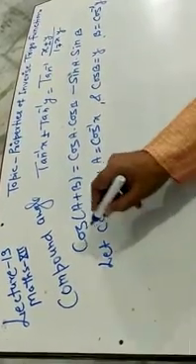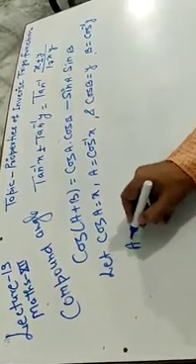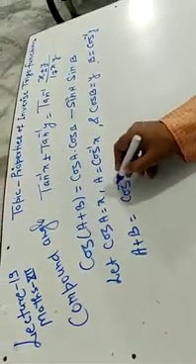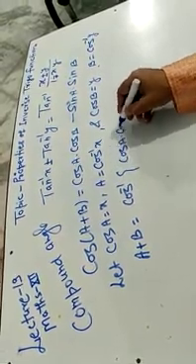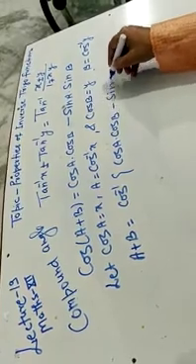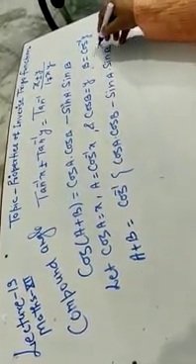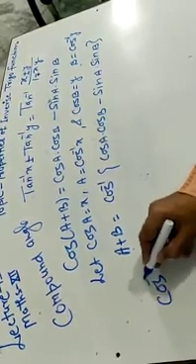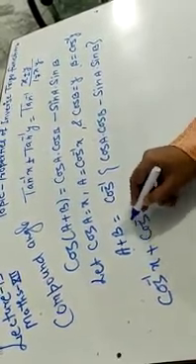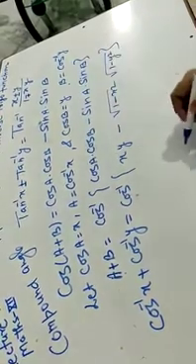Now you take the formula A plus B equals cos inverse of cos A into cos B minus sine A into sine B. With A as cos inverse x and B as cos inverse y, it equals cos inverse of cos A equal to x, cos B equal to y, minus sine A, root of 1 minus x square because cos A equals x, and sine B, root of 1 minus y square because cos B equals y.